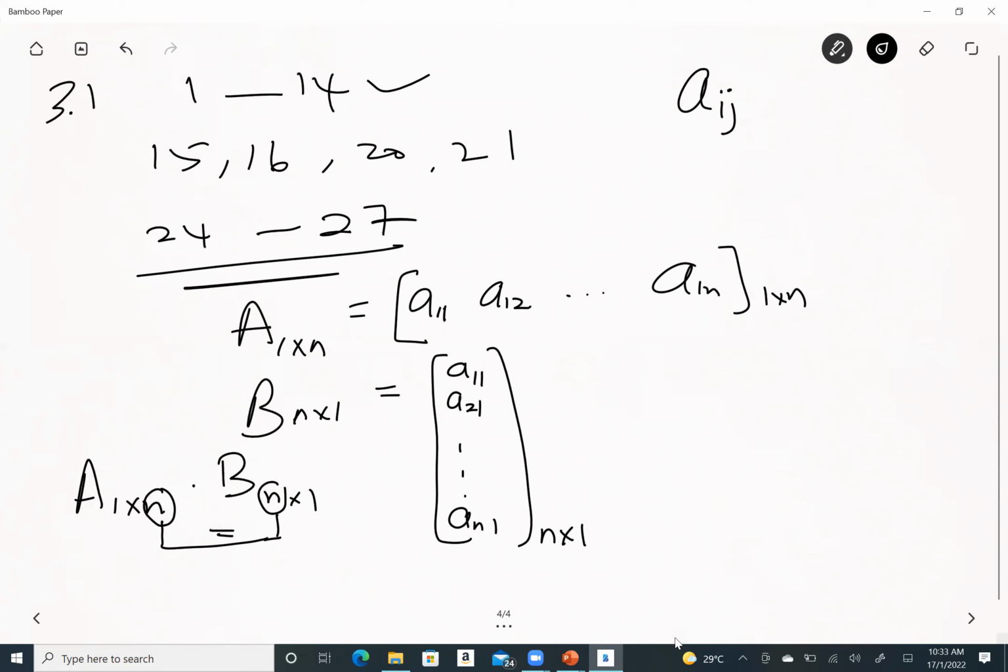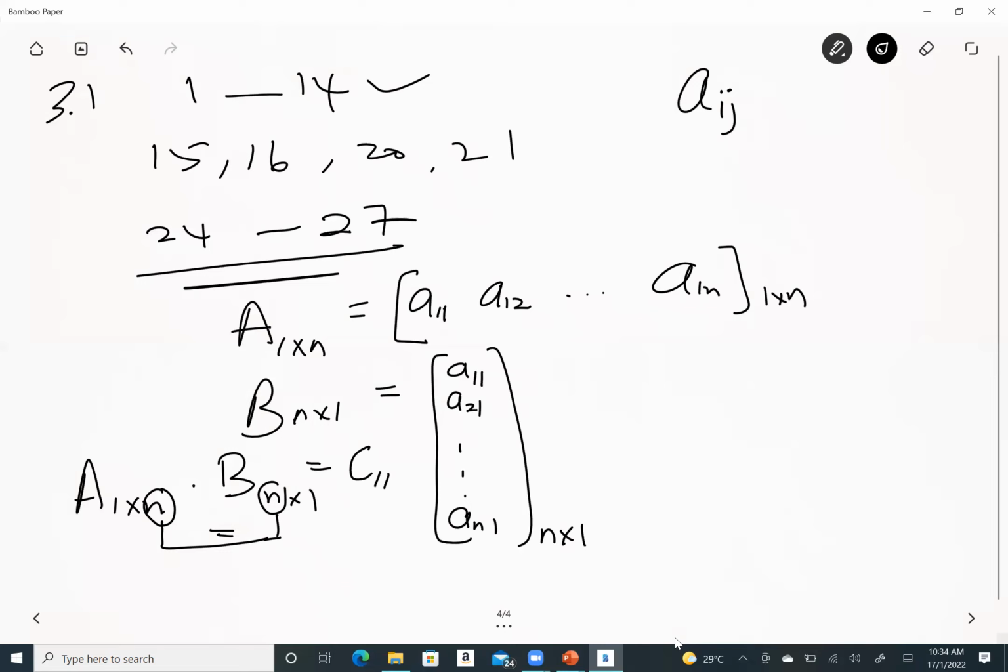So that's why you multiply row and column matrix. So that the number of columns in A is equal to the number of rows in B. And you multiply that, that will be equal to C11.